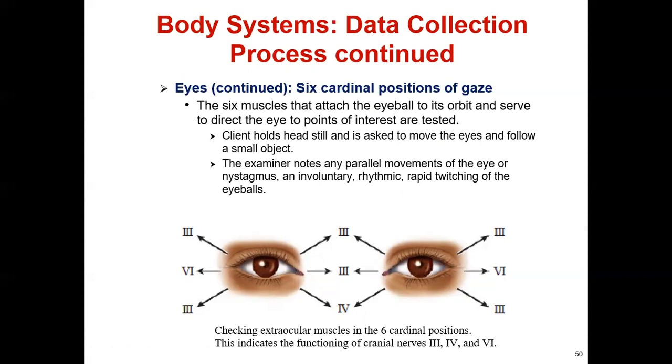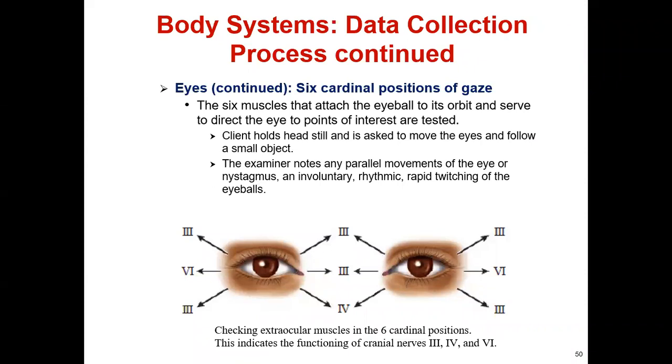Also, three nerves innervate them, cranial nerves 3, 4, and 6. The client holds the head still and is asked to move the eyes and follow a small object.